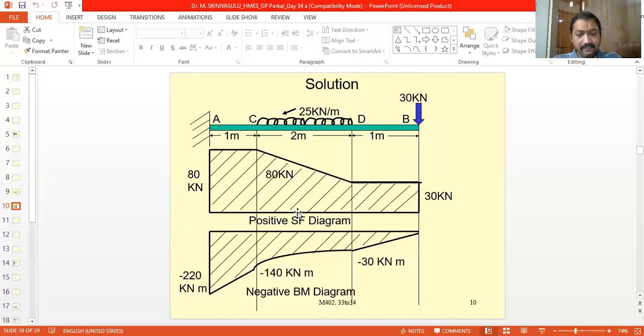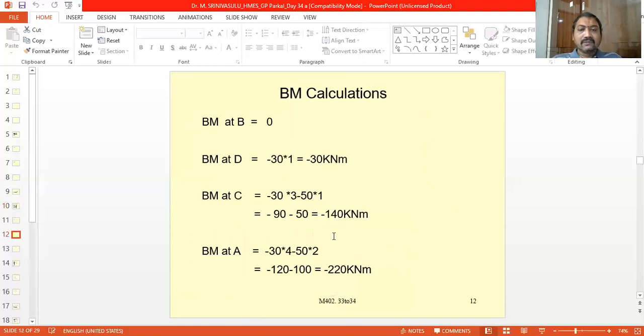Now coming to the bending moment diagram. For the bending moment diagram, we have to go for the bending moment calculations. Now the bending moment at point B, that is the free end. Always the bending moment at a free end is equal to 0.